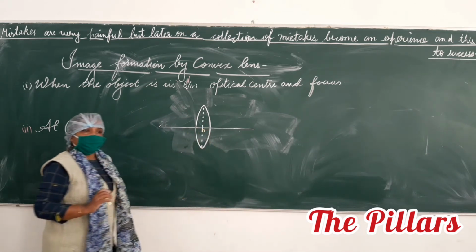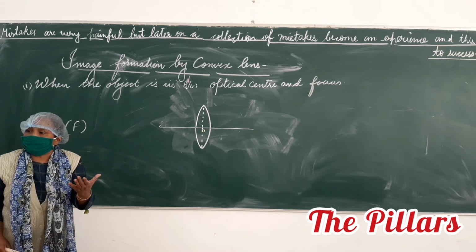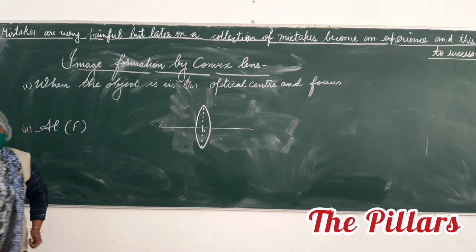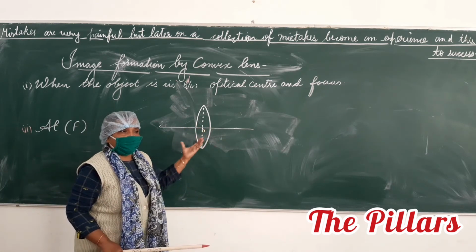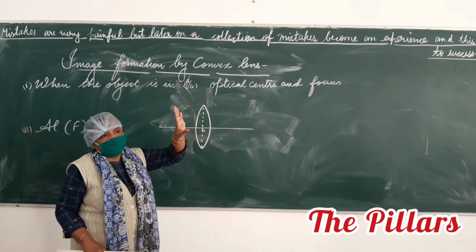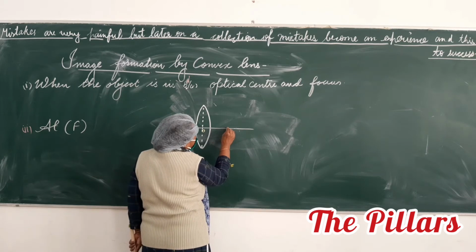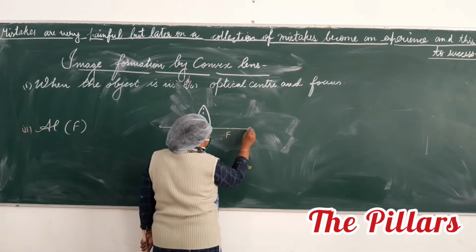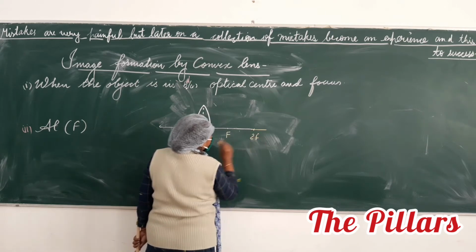Okay. What is the next step we should do? We should mark the second focus. Mark focus F1, F2 and 2F also. Okay, come on. From here you take a 10 centimeter distance. Say this is F. And what about this? 2F.